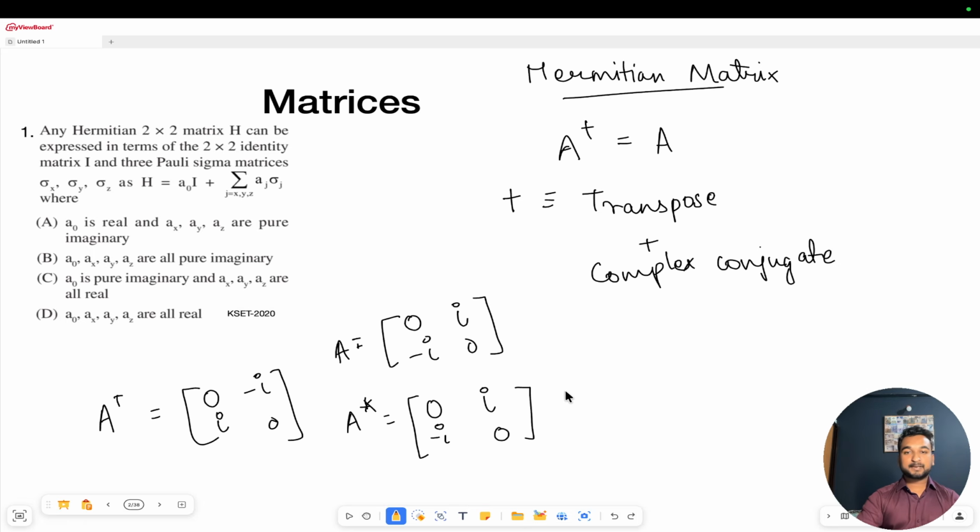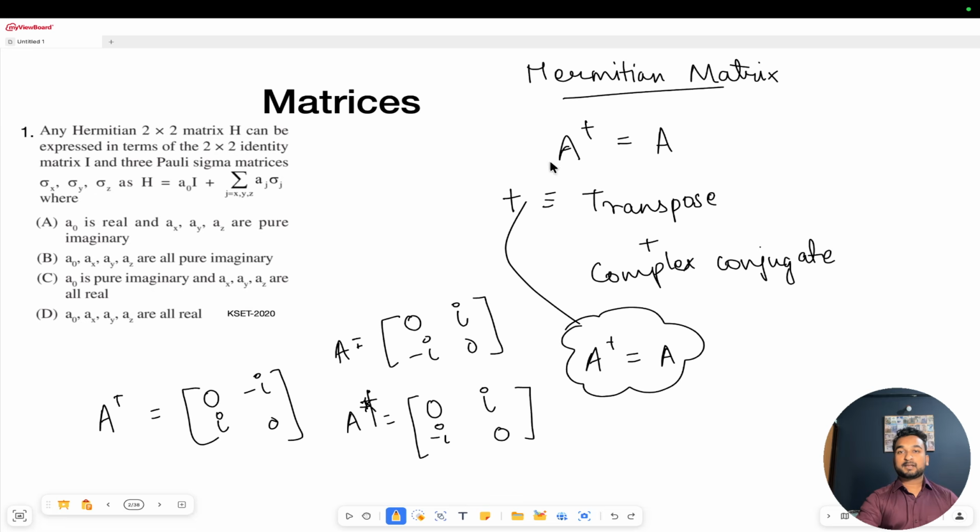So you first took the transpose, then you applied the complex conjugate. So this is A dagger. Now A dagger is 0, iota, minus iota, 0, which equals A. That means A dagger equals A. So this kind of matrix is known as a Hermitian matrix.